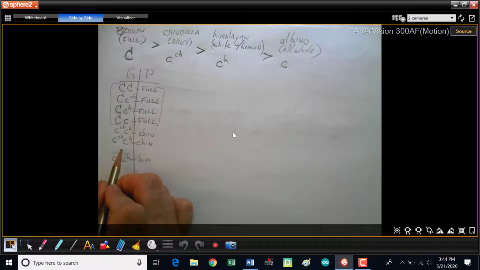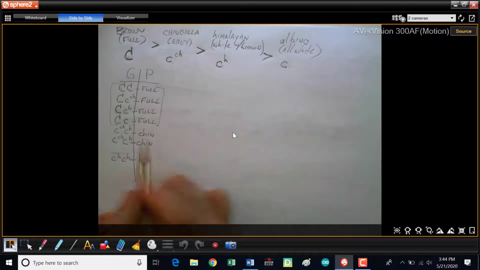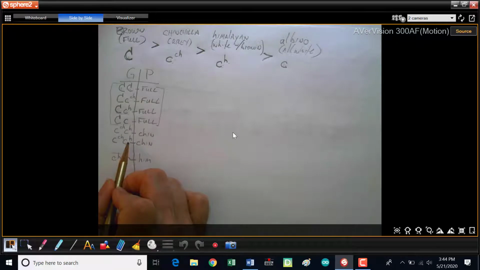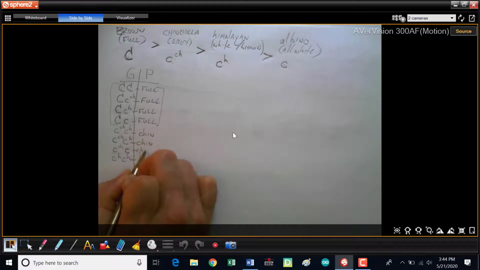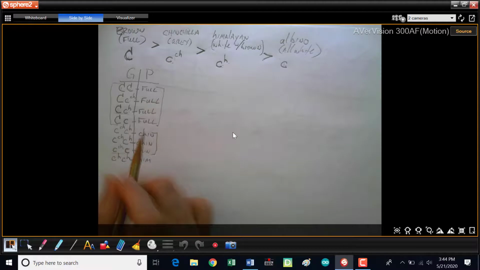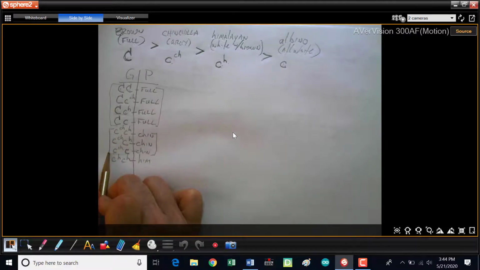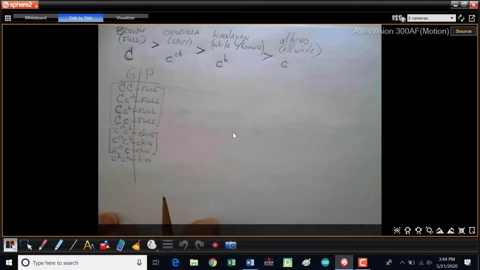Similarly, we come down here, chinchilla. There are 3 ways to be chinchilla. Purebred chinchilla, chinchilla carrying a Himalayan gene, and chinchilla carrying an albino gene. All 3 genotypes listed on this side produce the same chinchilla phenotype.